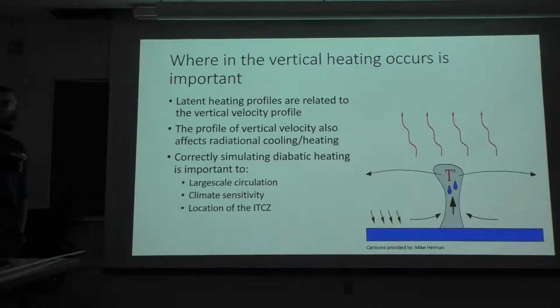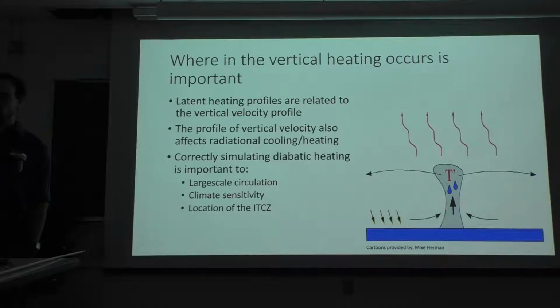But the profiles of vertical motion also affect everything. They affect the large-scale circulation. They affect how much energy you're importing and exporting. They affect the radiation budget in terms of the higher your cloud tops, the more radiation, or the less latent heating, the less long-wave radiation you'll have to space.